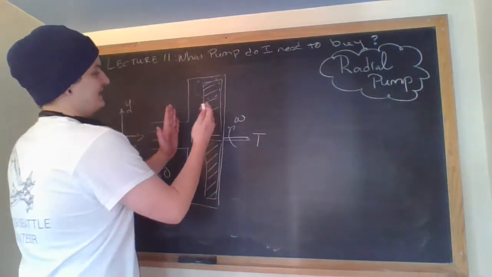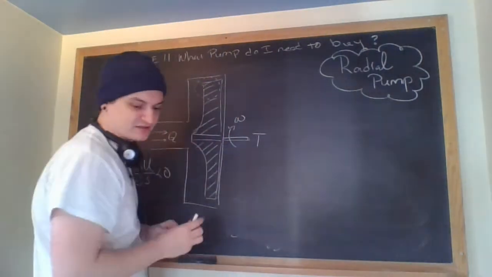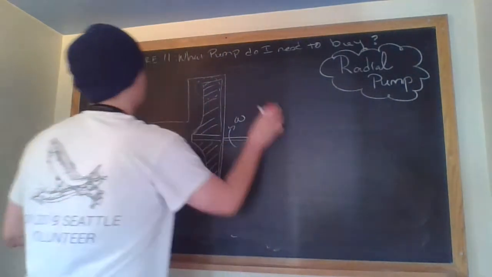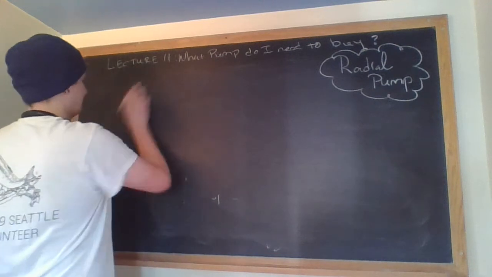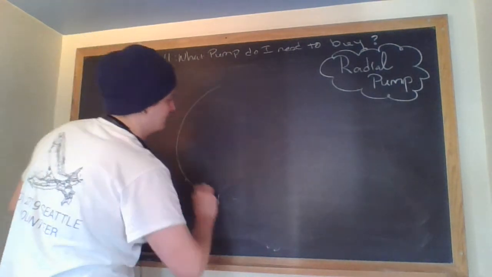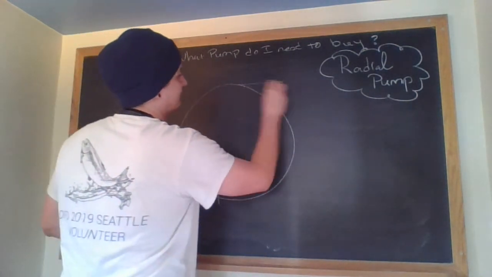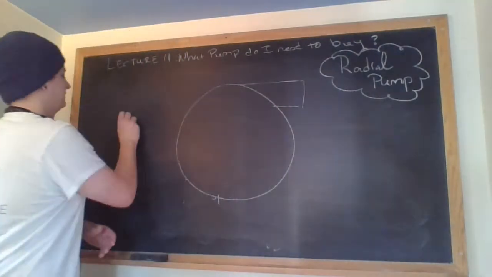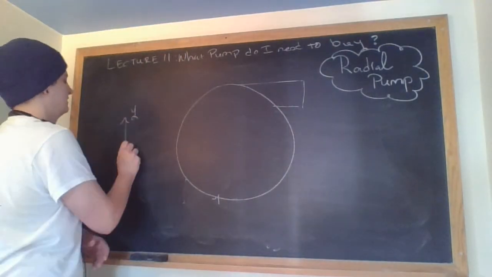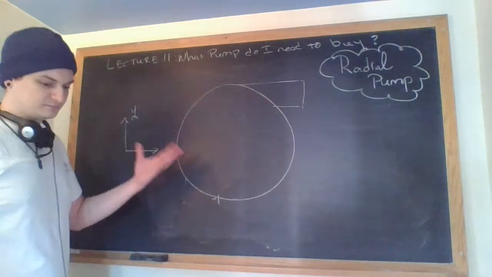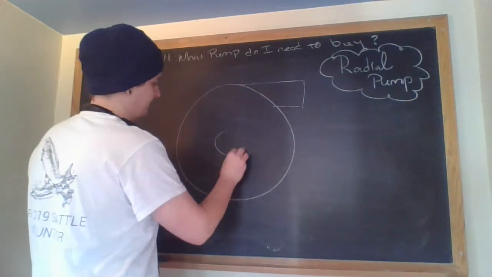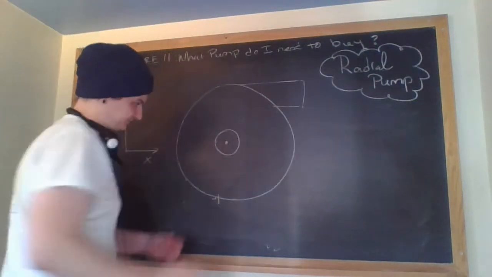So if I then take this and flip it over this way, so now I'm going to look at the XY plane. Maybe you can see this a little more. Like that. So this is now the XY plane. So now we can really get a sense of what the impeller is.